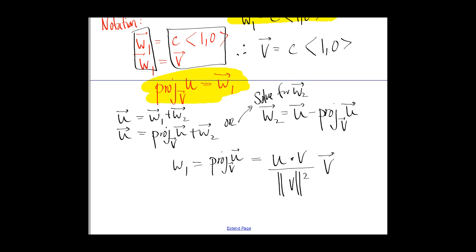Now, thinking about that, this numerator, anytime we take a dot product, is going to be a number. This magnitude is also going to be a number. So a number divided by a number means that this whole term is just going to be some number, a scalar, times vector v. So we're saying, how much should we stretch or compress vector v in order to make it a perfect fit?